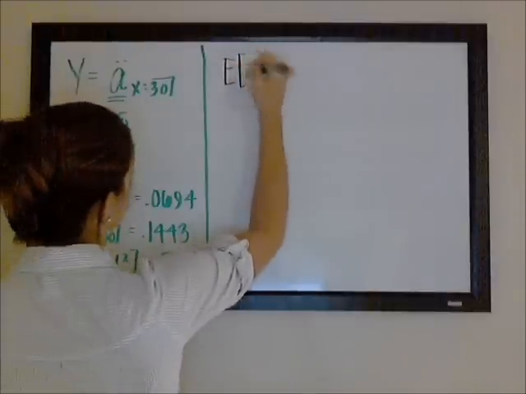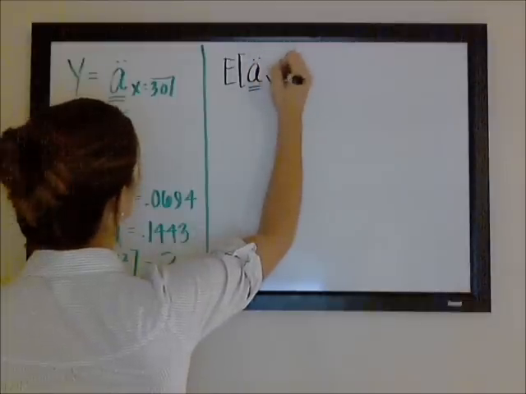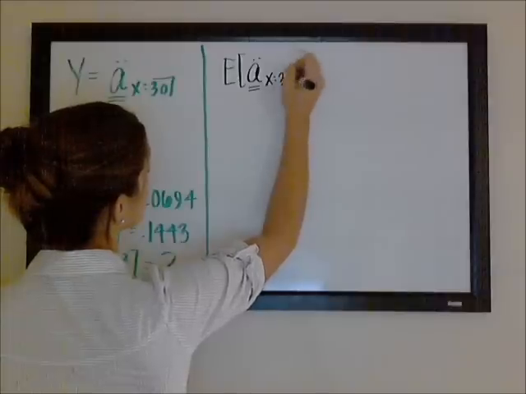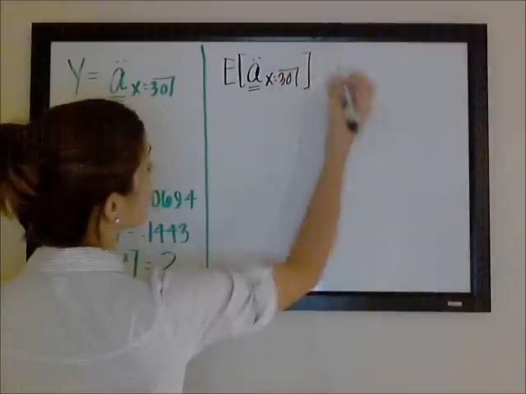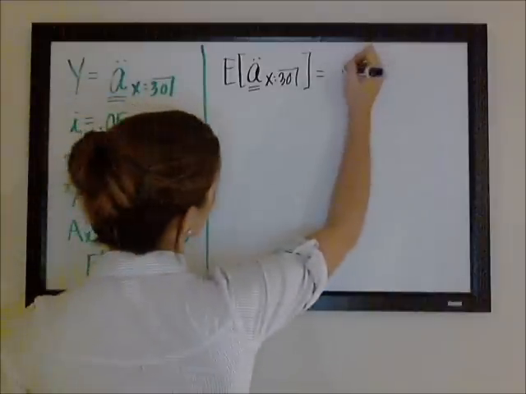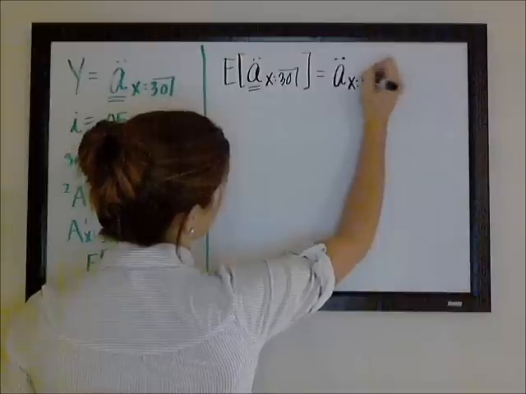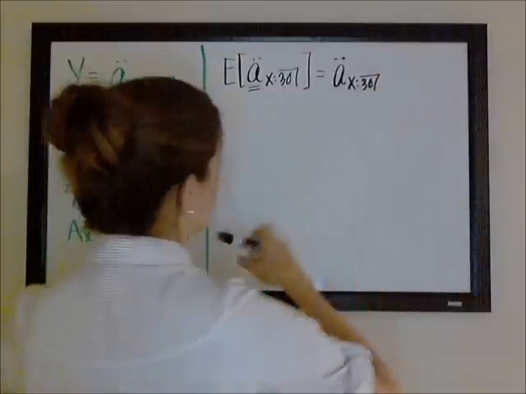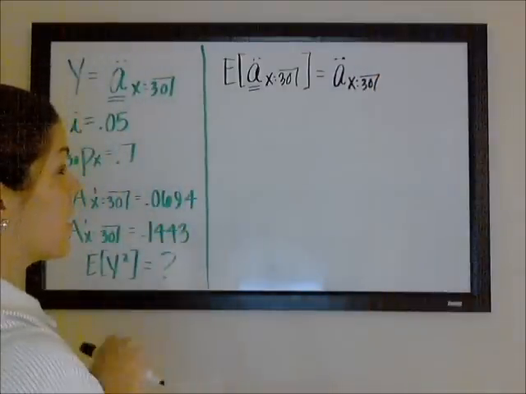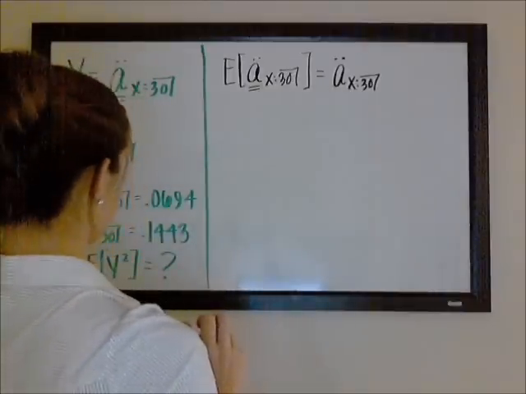In other words, the expected value of this, what we're estimating based on our survival probabilities, is this 30-year temporary annuity due on X that you're used to seeing like this. Okay?